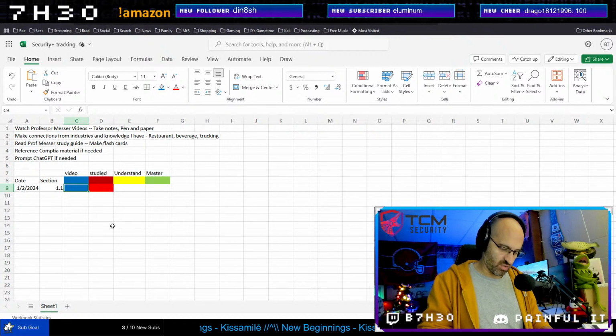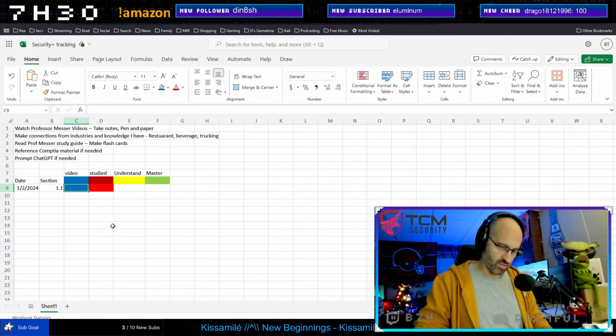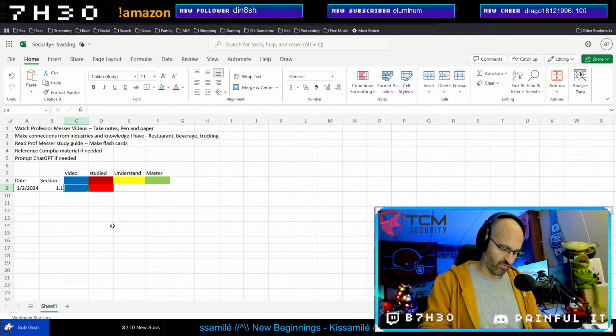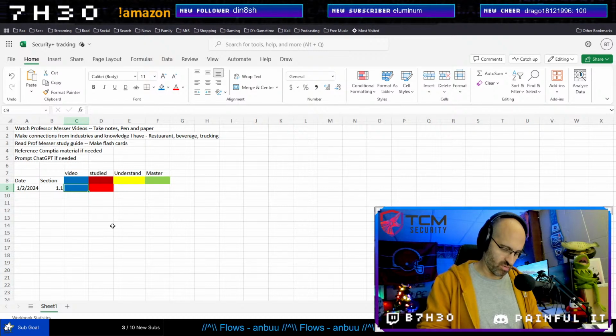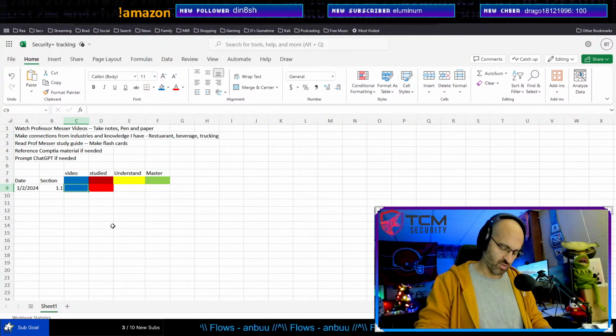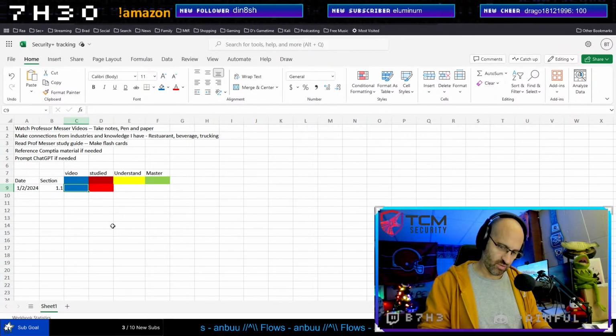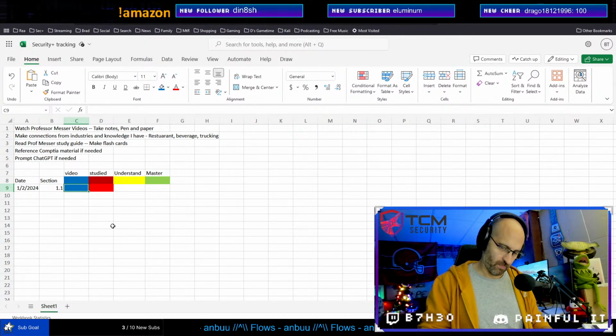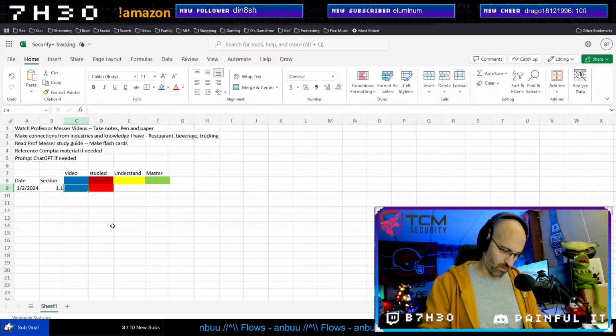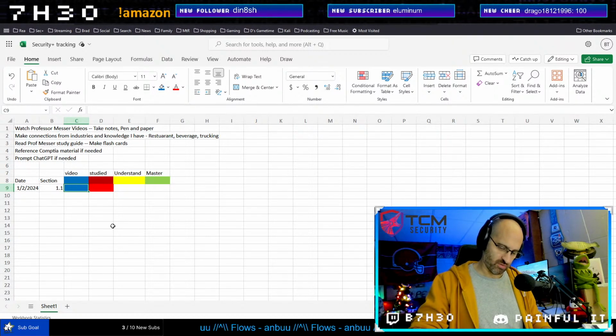A managerial detective control is reviewing login attempts. An operational detective control is to regularly patrol the property. A physical detective control enables motion sensors.